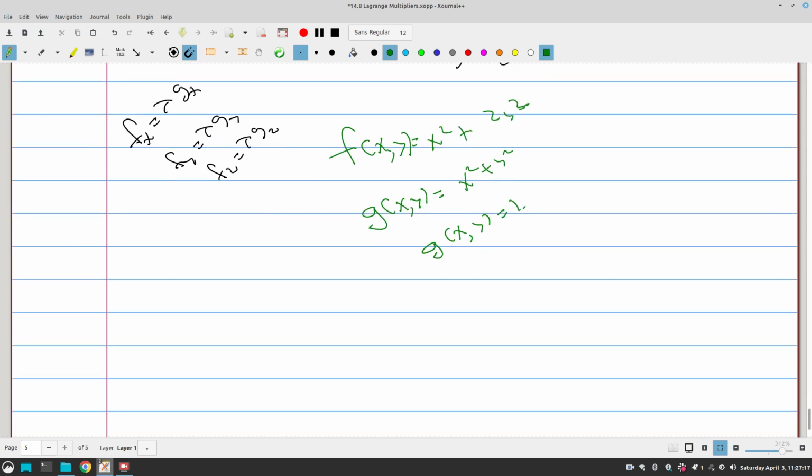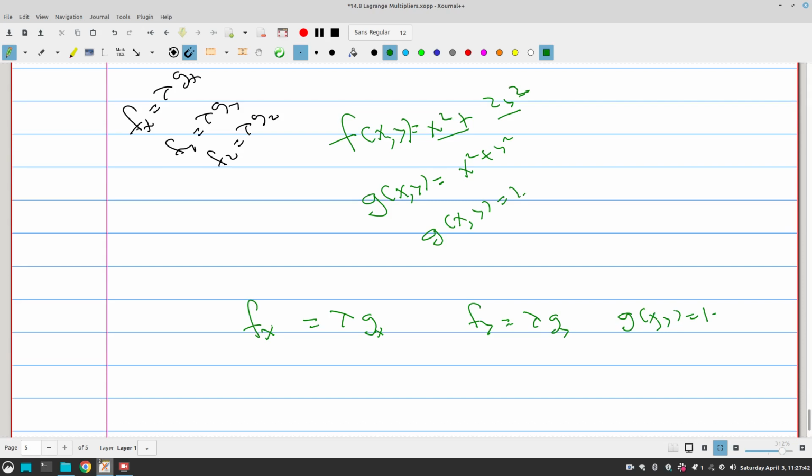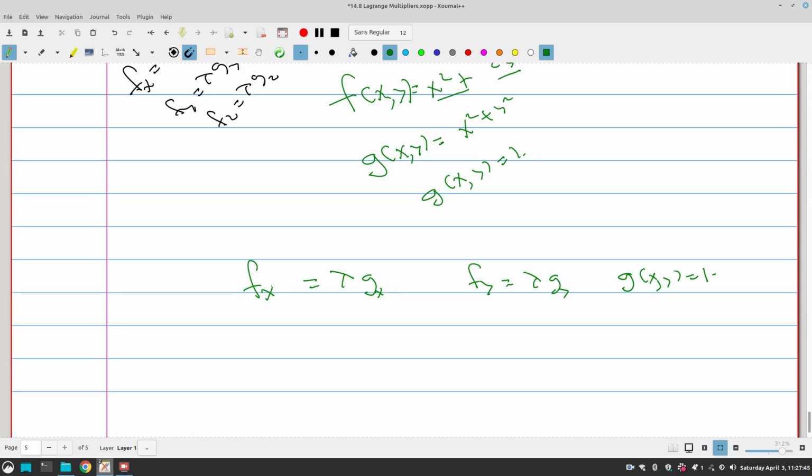Remember, since we're dealing with two variables, we have three equations. The first equation is fx equals lambda gx, the second is fy equals lambda gy, and the third is g of x, y equals 1. We want to optimize f of x, y, to find either the minimum or the maximum given this constraint.